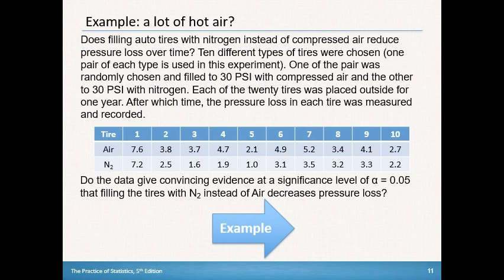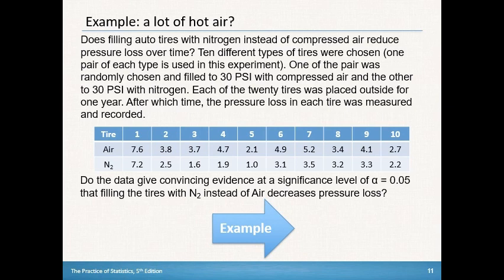Each of the 20 tires is then placed outside for 1 year. At the end of 1 year, they go around to all 20 of them and measure the pressure. We call it air pressure, but in this case it's nitrogen pressure, I guess. The numbers they recorded are how much pressure loss there was.